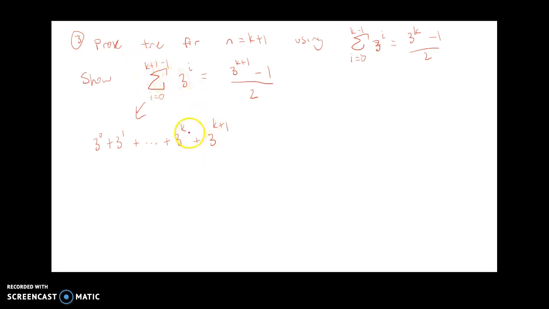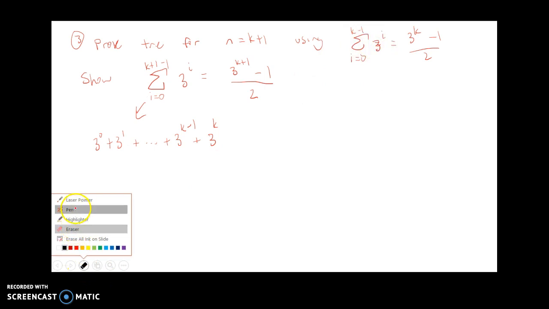This is plus 3 to the k minus 1, and this should be plus 3 to the k, because keep in mind that my upper index, I'm subtracting 1 off. So in this case, I went from i equals 0 to k minus 1 of 3 to the i. What I'm trying to do is to rewrite this expression so that it includes the terms involved in this expression here.